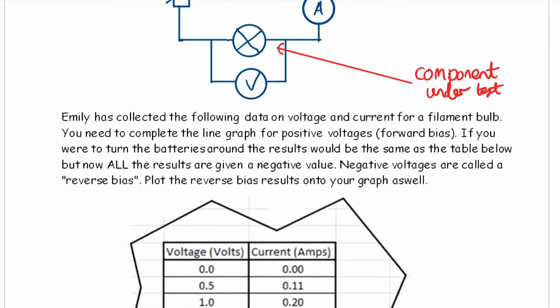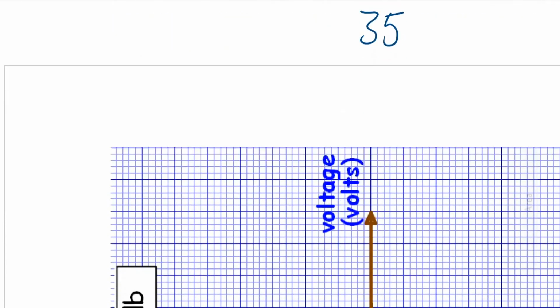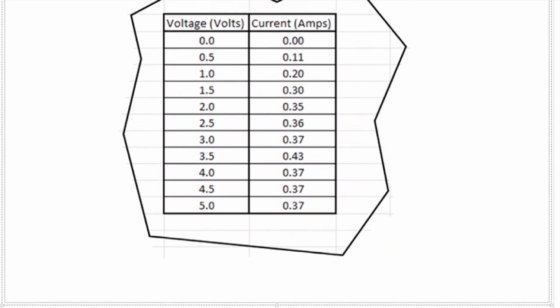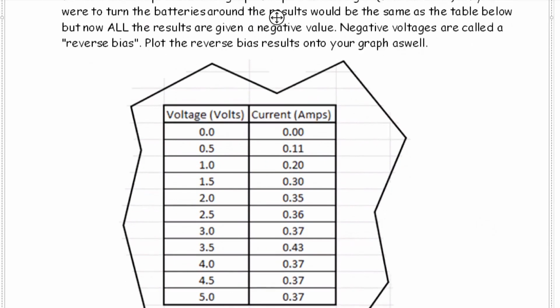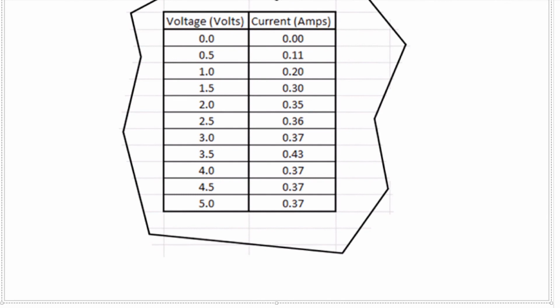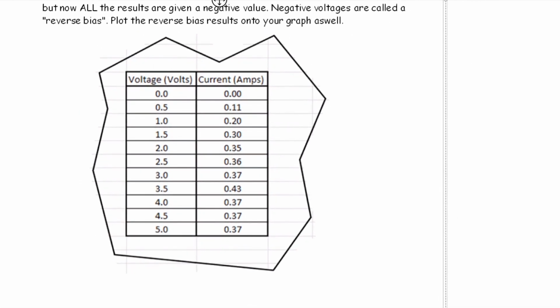What you're being asked to do is to use this data and to plot a graph on the next page, on page 36. But as well as plot those points there, what you need to do is create an extra column or two columns for when the bulb is in reverse bias.